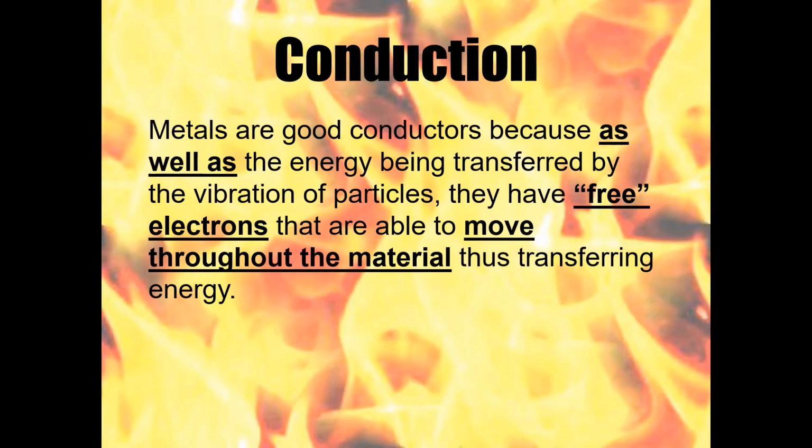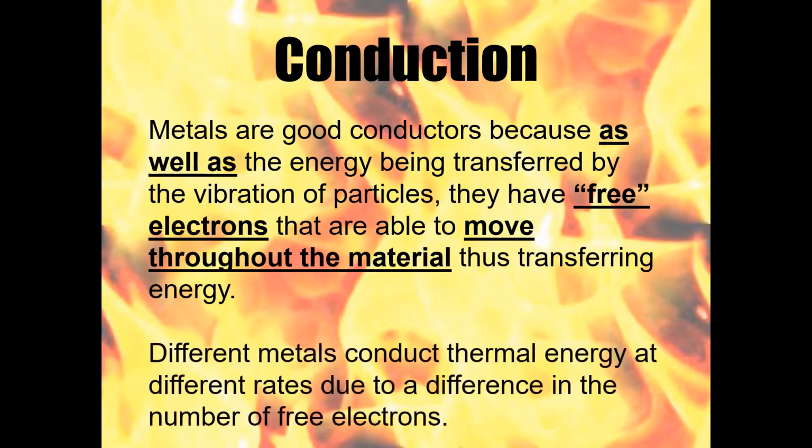All metals do contain free electrons, so all metals are good conductors. But some, say for example silver or copper, contain a lot more than others, something like aluminium, and that would make silver and copper much better conductors than aluminium. So, like I say, different metals conduct thermal energy at different rates due to the difference in the number of free electrons present in those materials.